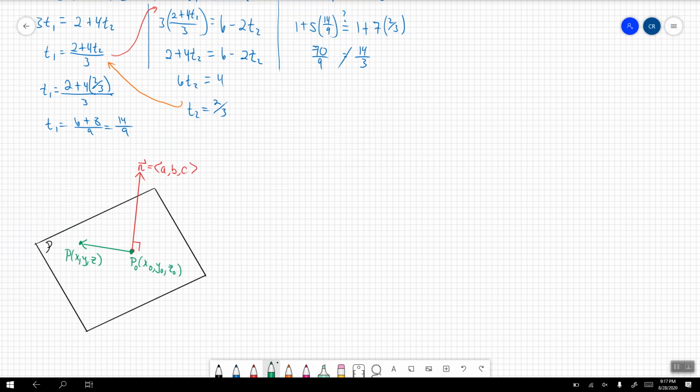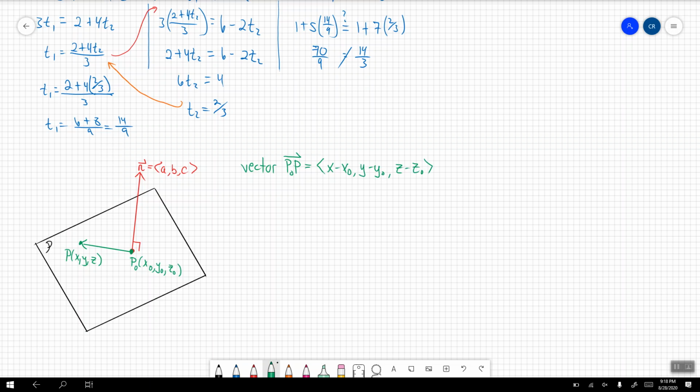So what I'm going to say now is that vector P naught to P is one of the vectors that I want to extract. Beginning at P naught, ending at P, this is going to be vector ending minus beginning components. So this is going to be x minus x naught, then y minus y naught, and then z minus z naught.